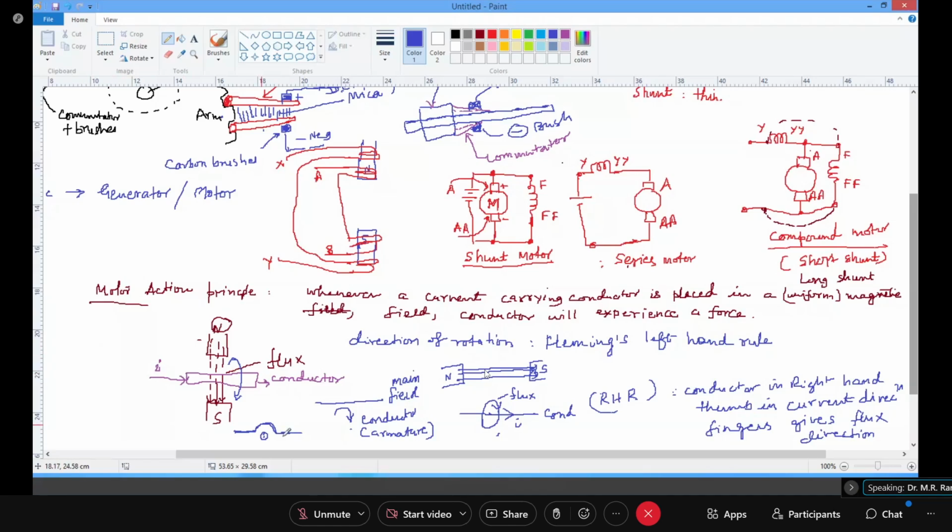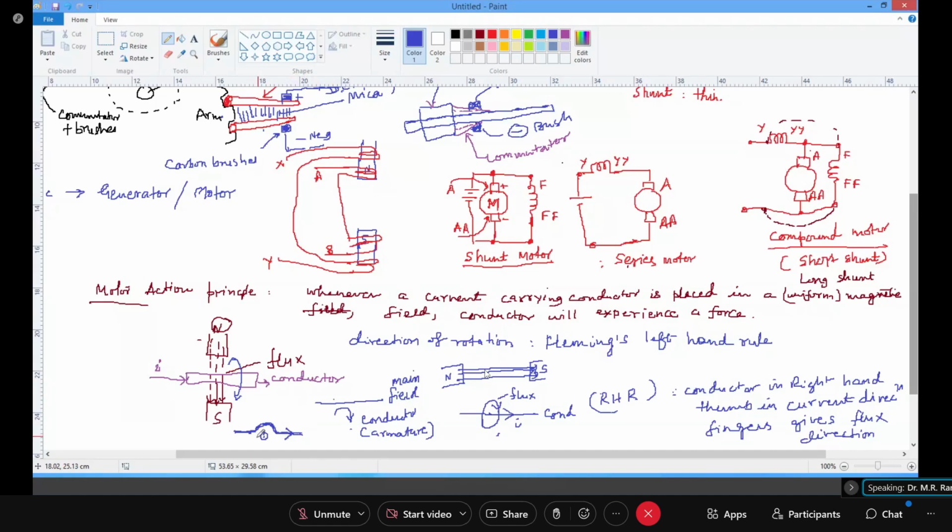So what happens? This main field gets disturbed, or distorted. Now there is a tendency to regain its original shape like this. So it tries to regain its original shape.